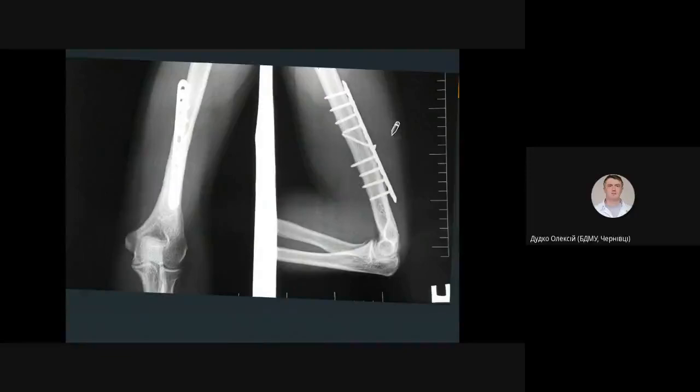So the diagnosis would be an oblique fracture of the humerus in the middle third after internal fracture fixation with plates and screws, with a good position, as the fracture healed and there are no axial deformities present here.